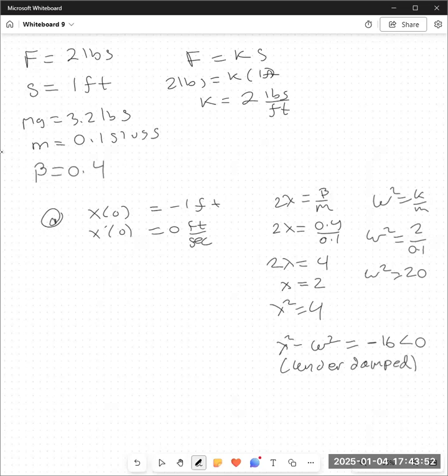Now we're going to have an equation of motion, x of t is equal to e to the negative lambda t, that's negative 2t, times c1 cosine of, so switch this order here, square root of 16 is 4t, plus c2 sine of 4t.